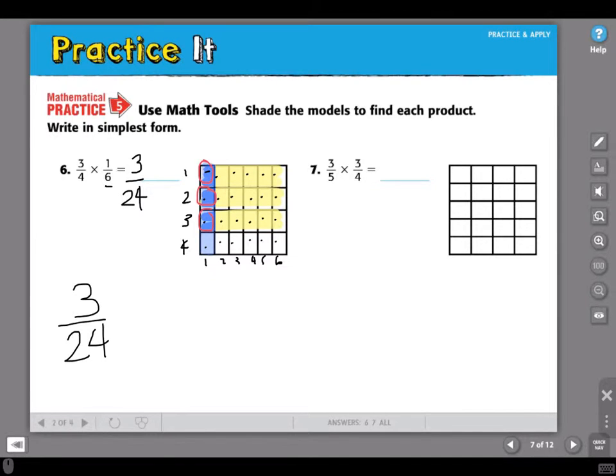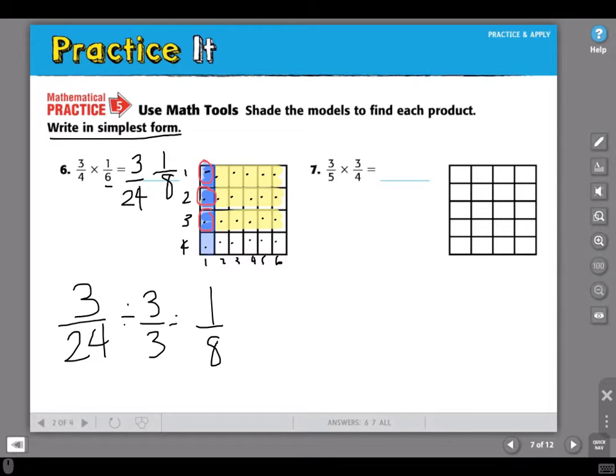This fraction, however, is not in its simplest form. I can tell that both the numerator and the denominator can be divided by 3. 3 divided by 3 is 1. 24 divided by 3 is 8. So another way to write that is 1/8.